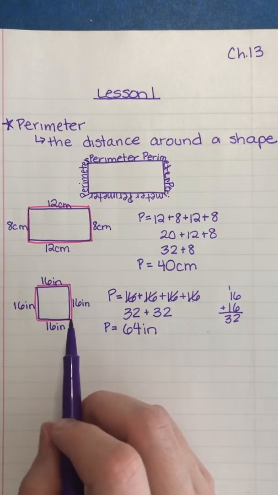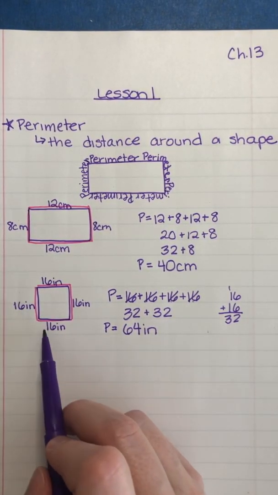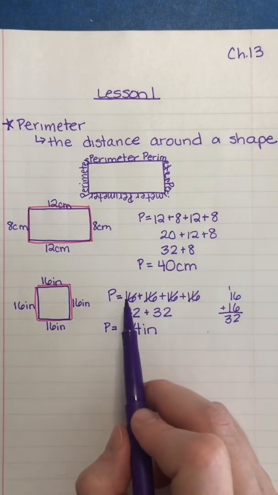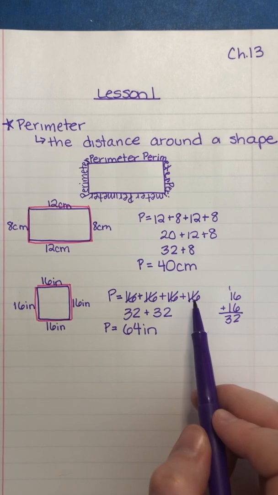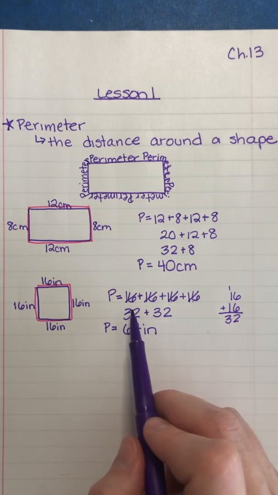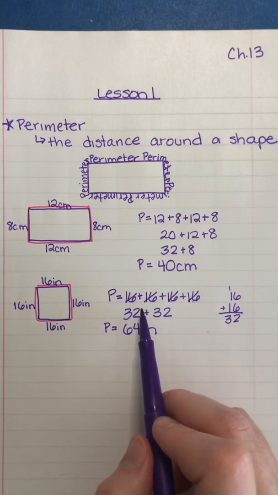Now the cool thing about a square, because all of your sides are exactly the same, and I'm doing 16 plus 16 plus 16 plus 16, we also know that if I was to multiply, I could do this a little quicker.